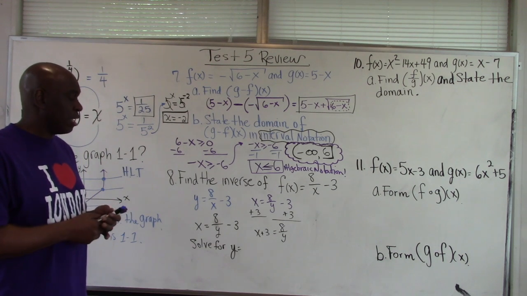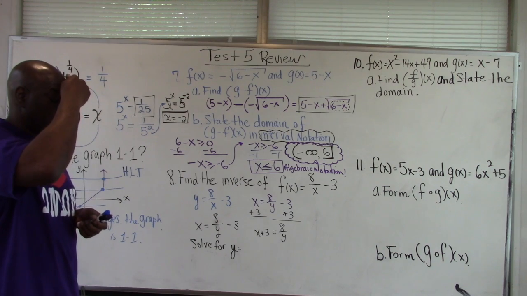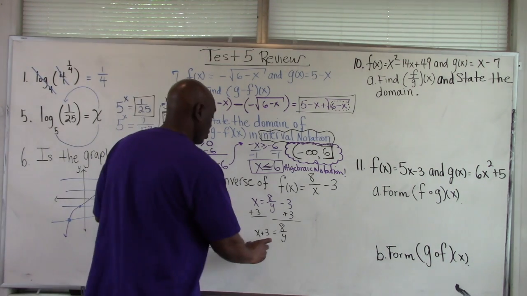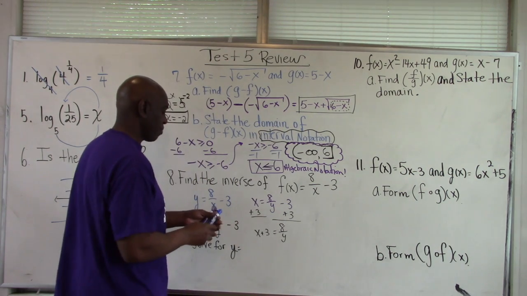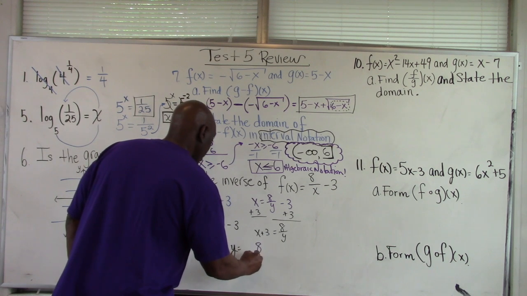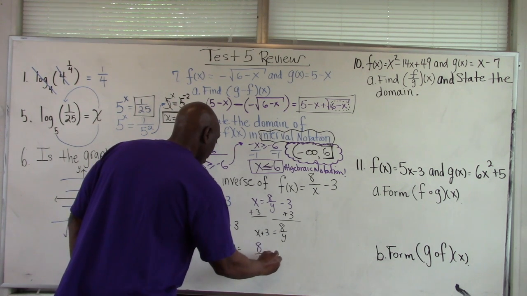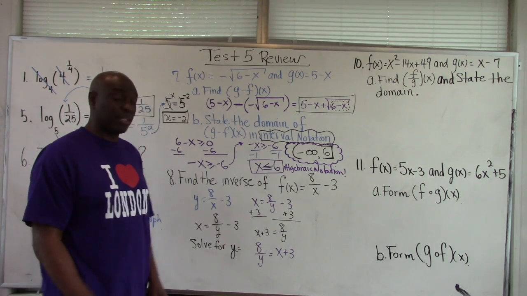And then let's switch the x plus 3 and the y locations. So let's write the 8 divided by y first, equals x plus 3.